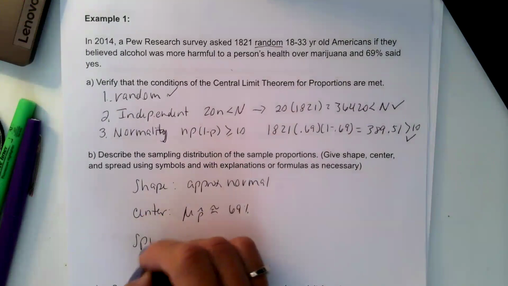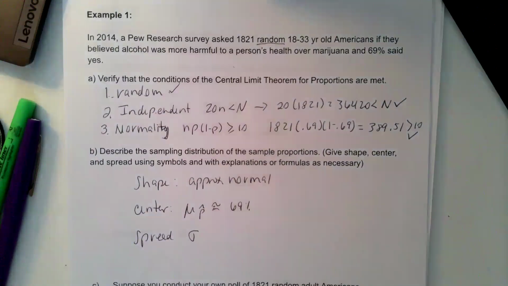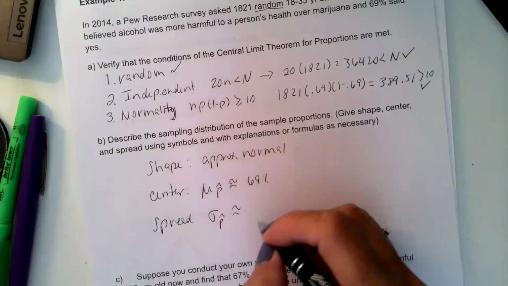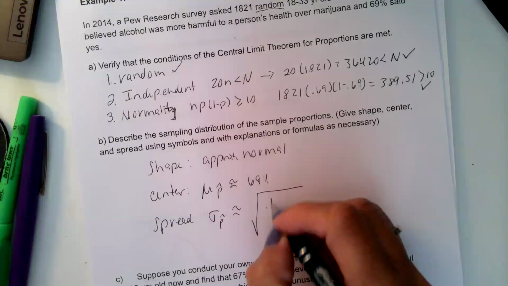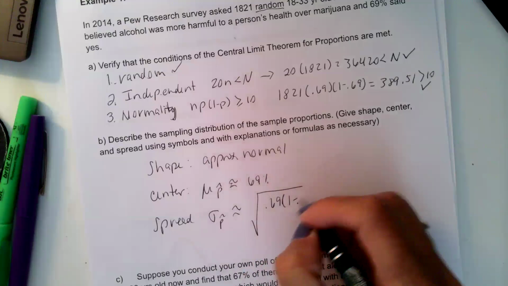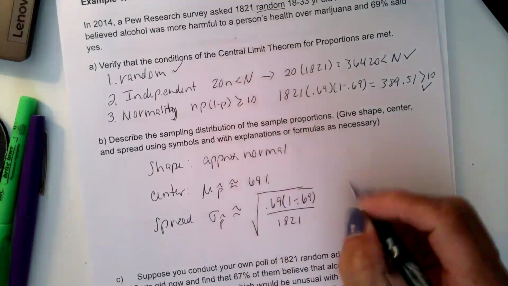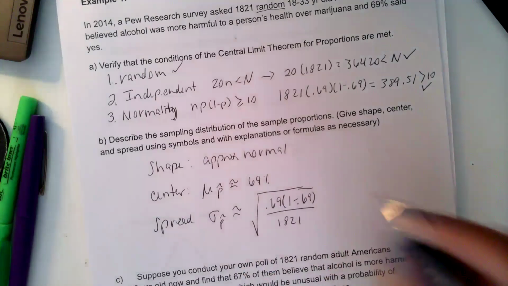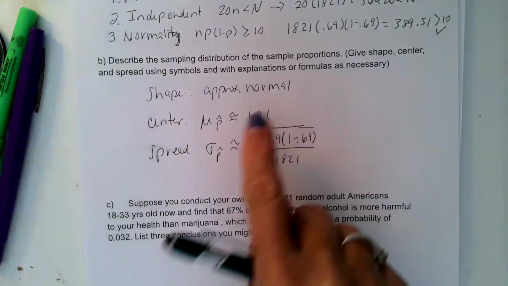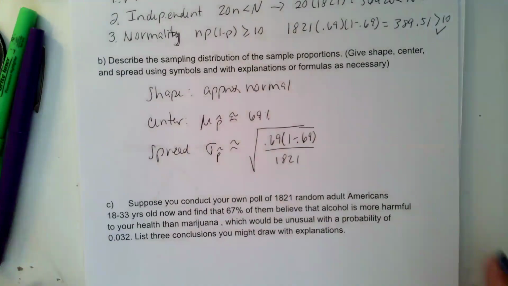And our spread is going to be the standard deviation, or the sigma of the p-hats, which should be the square root of 0.69 times 1 minus 0.69 over 1,821. So this is what you would be using to calculate your new z-score. We're going to get practice with this here in a moment.